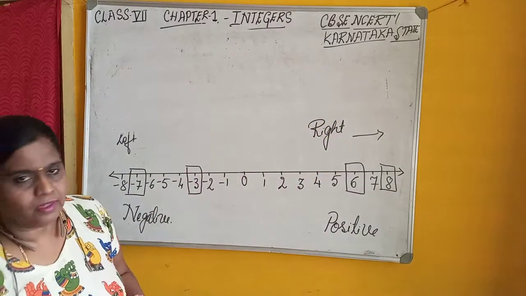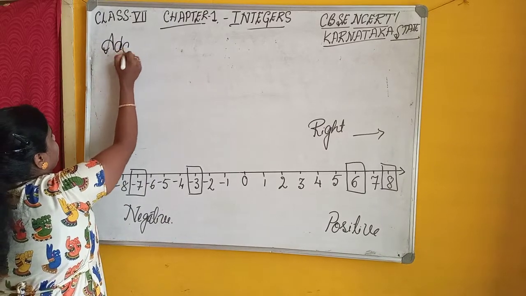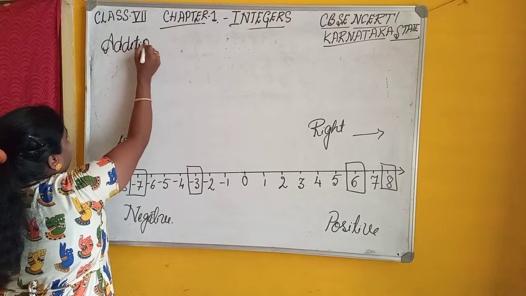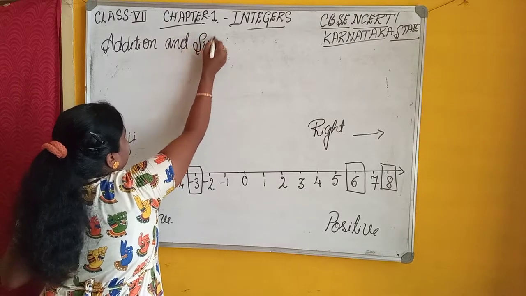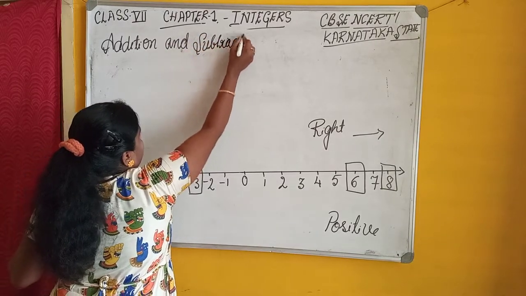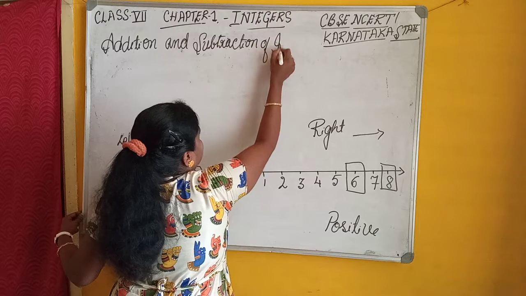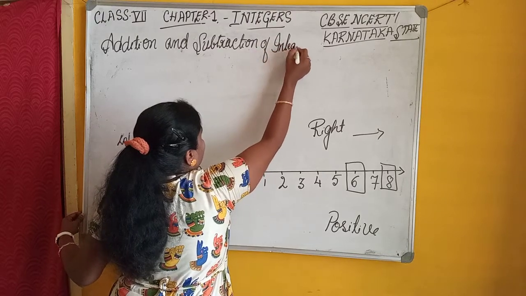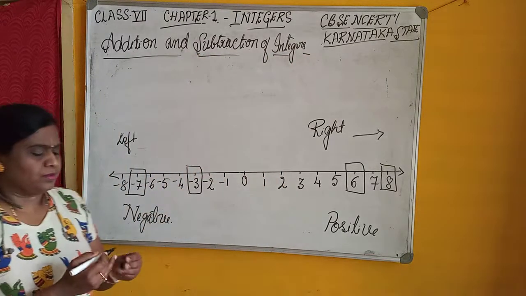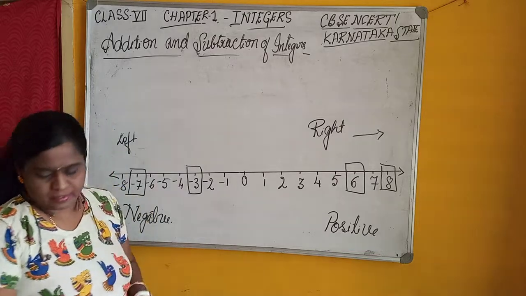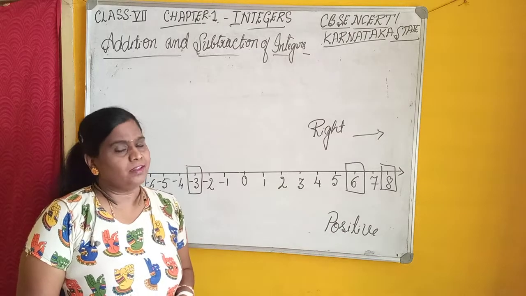Addition and subtraction of integers on the number line. We are using the number line. How can we add or subtract the integers? There are some rules to add the integers and subtract the integers.